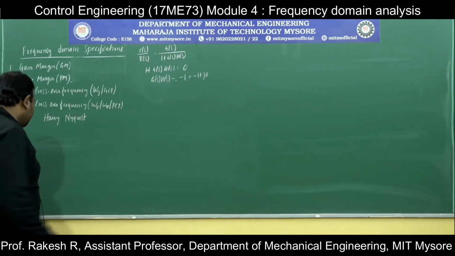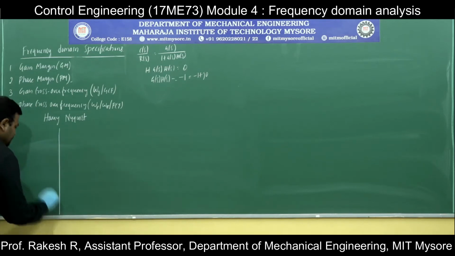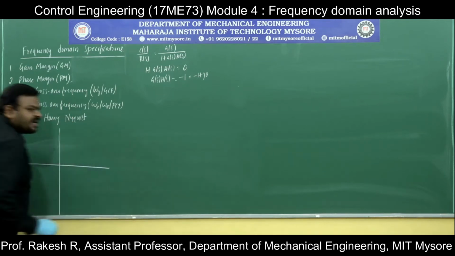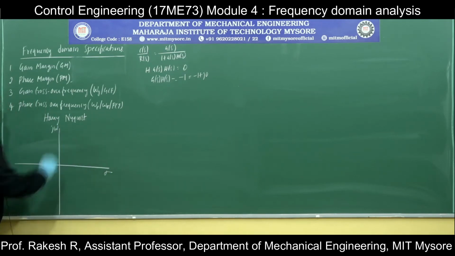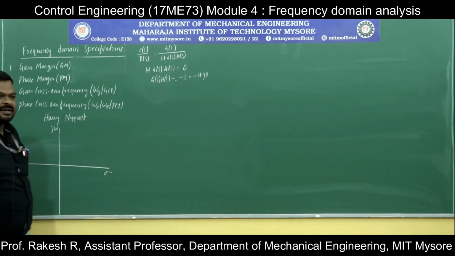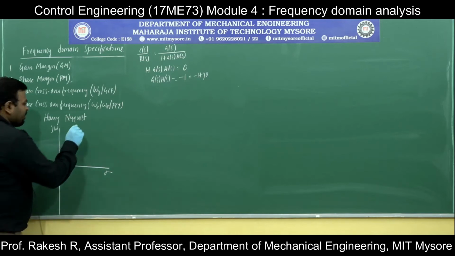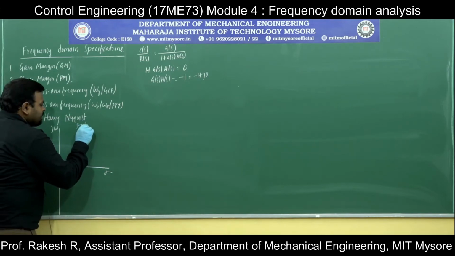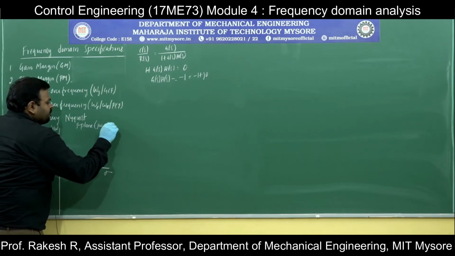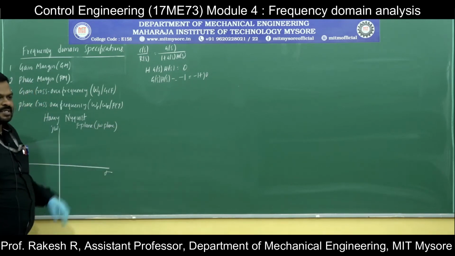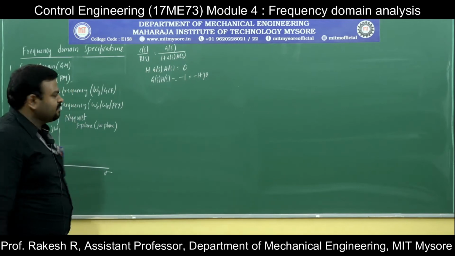For the Nyquist plot, first I will write this in the imaginary and real axis. This is sigma, the real axis, and j omega, the imaginary axis. The plane we are using here is the complex plane, denoted as the S plane or j omega plane.